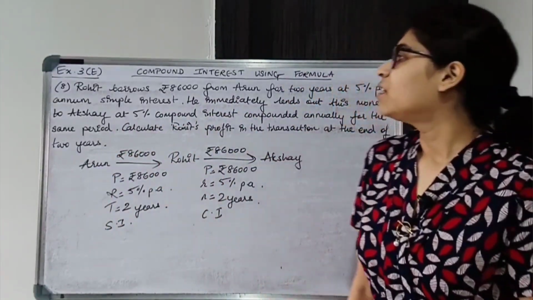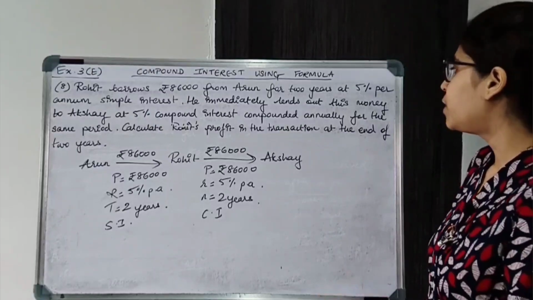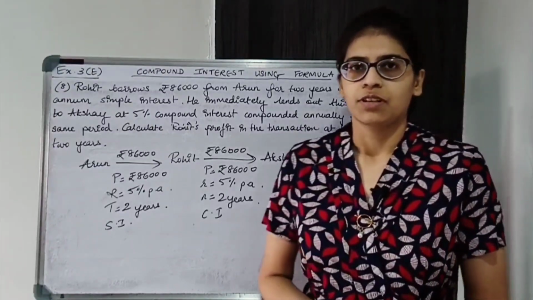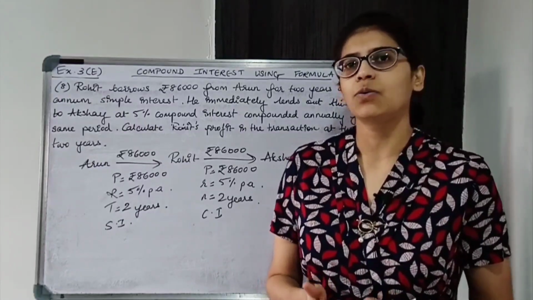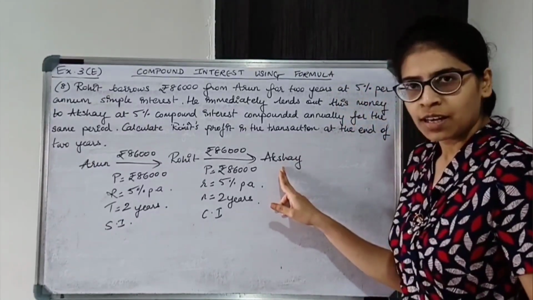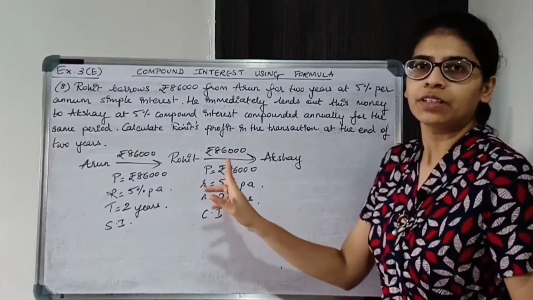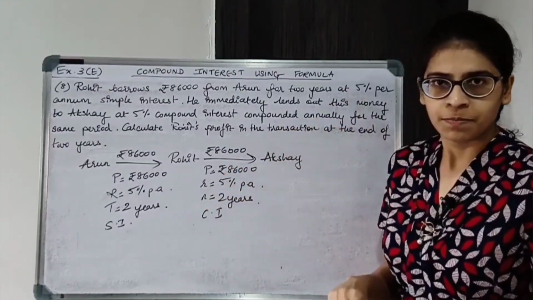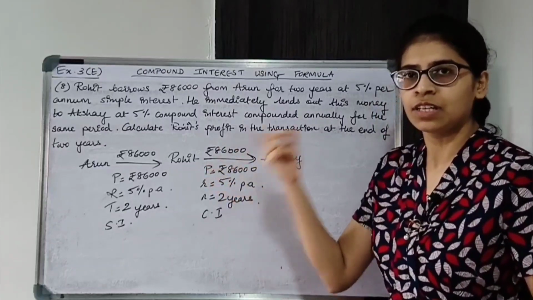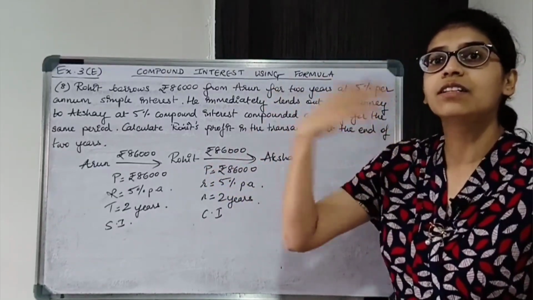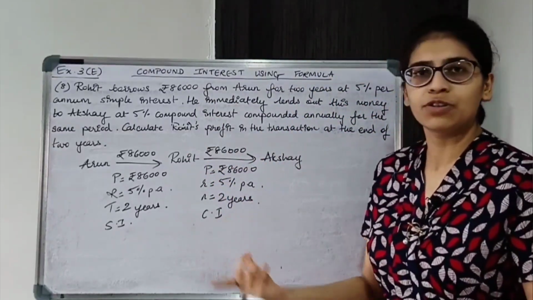Now we have to find Rohit's profit in the transaction at the end of 2 years. What will be the profit earned by Rohit? Akshay has to return money to Rohit after 2 years. He will not be returning only 86,000. He will be returning 86,000 plus the interest charge, that is compound interest.